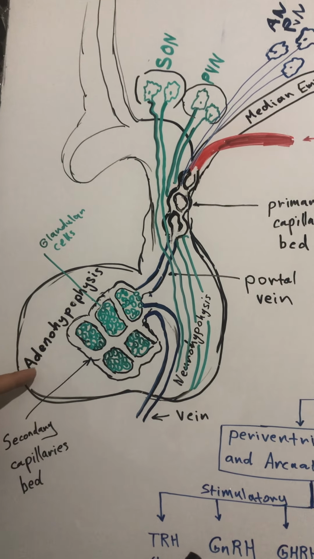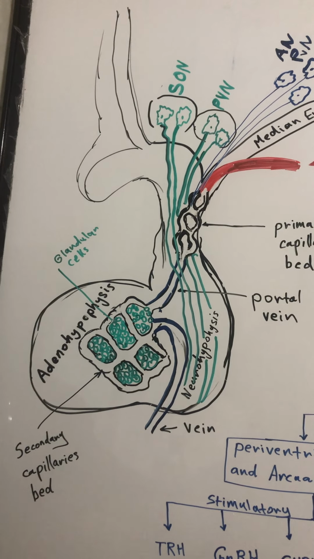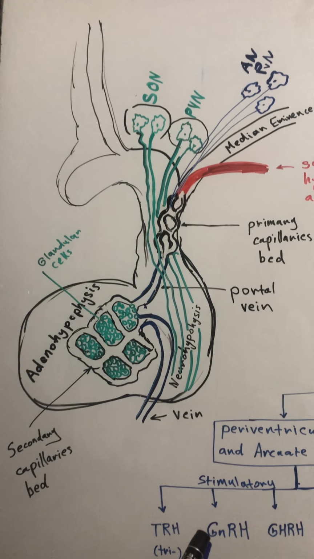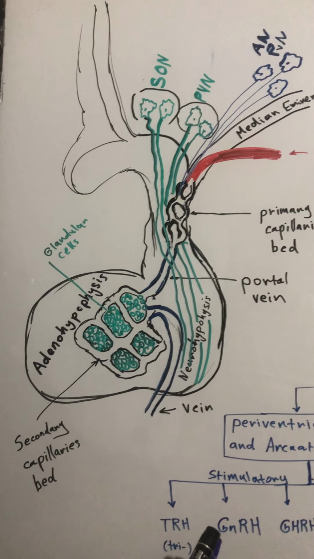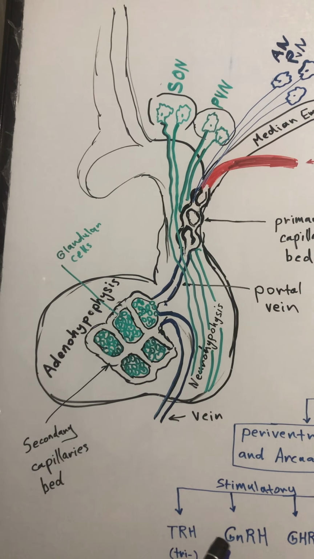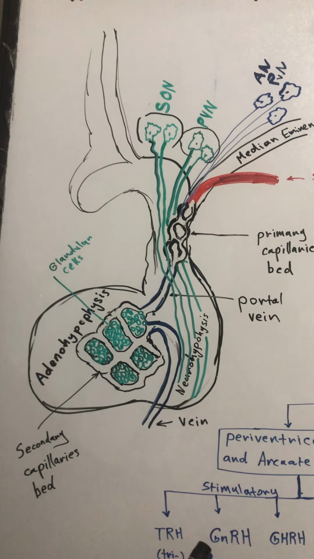For that, it is called the adenohypophysis, while the neurohypophysis is the posterior lobe of the pituitary gland because it only involves axons of neurons, which cell bodies are found in the hypothalamus.